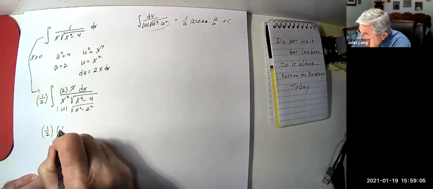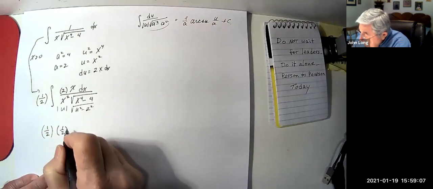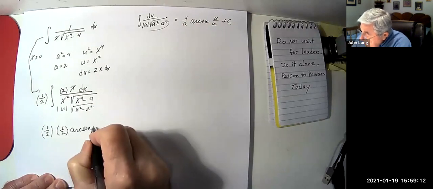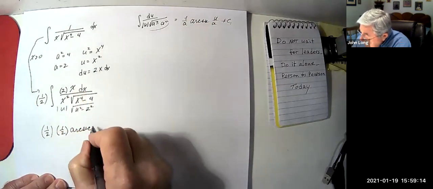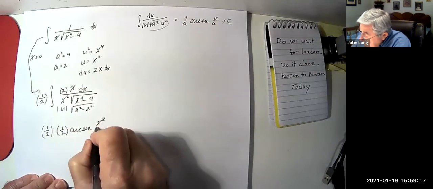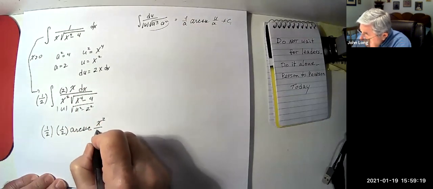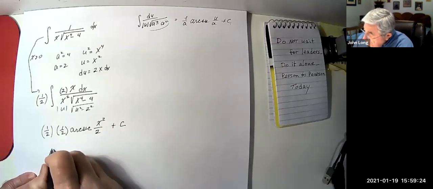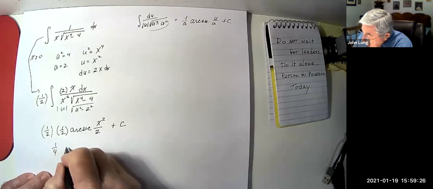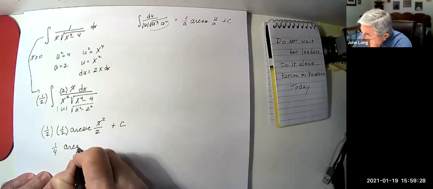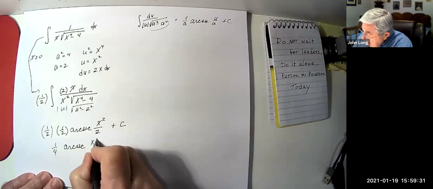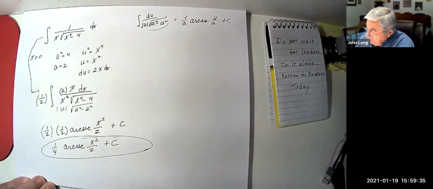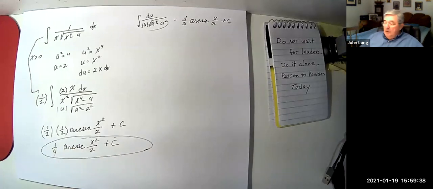That means 1 over 2. 1 over a arc secant u. What was u? u is the x squared over the a, which is a 2, plus c. Of course, you'd probably want to rewrite your answer as 1/4 arc secant x squared over 2 plus c. And that one might be a good way to write the answer to this problem.